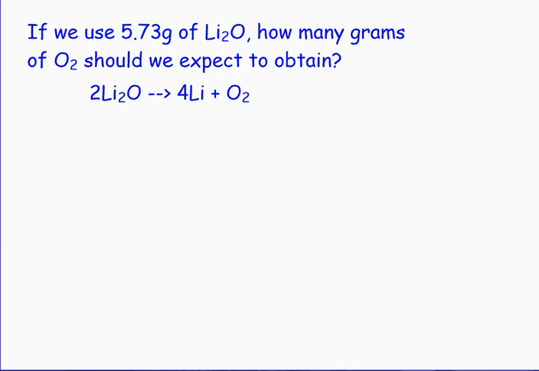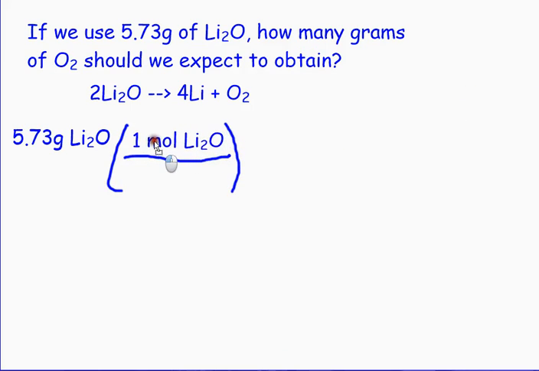Using the same beginning information, let's figure out how many grams of O2 we should expect to obtain. Again, we start with what we're given, 5.73 grams of lithium oxide, parentheses, and a line. I need to do the exact same thing. I am going to be converting from grams of lithium oxide to moles of lithium oxide.